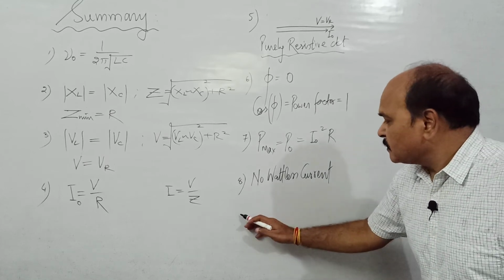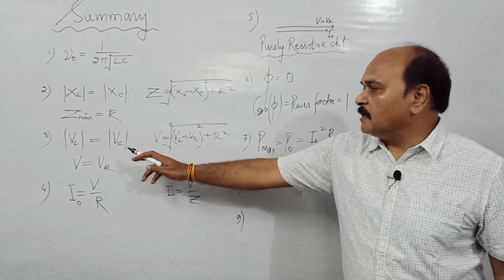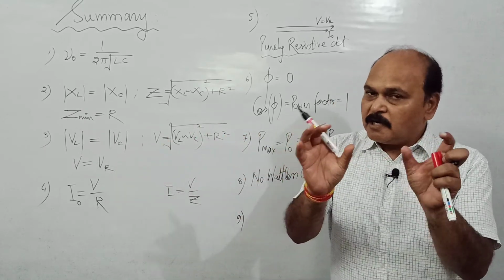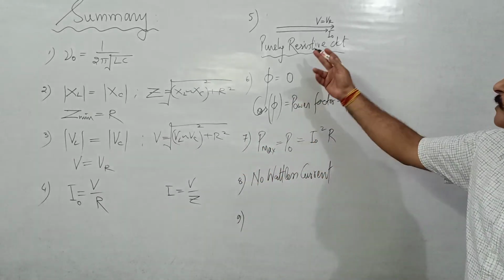Well, the voltages across the inductor and across the capacitor are equal to each other, and when we find out their algebraic sum, they cancel out. As a result, V is equal to VR.